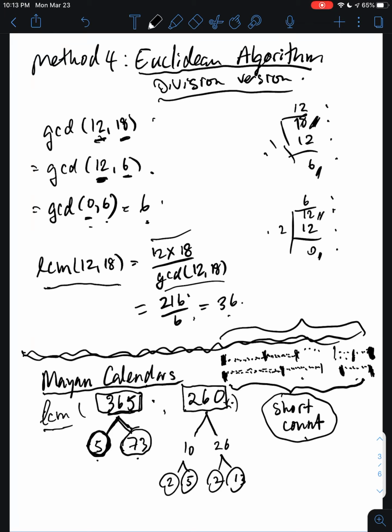73 is a little bit harder, but you can run through what are the possible divisors of 73. Does 2 go into 73? No. Does 3 go into 73? You can test it, no. Does 5 go into 73? You can use our quick divisibility tests to find out these are not the case. Does 7 go into 73?